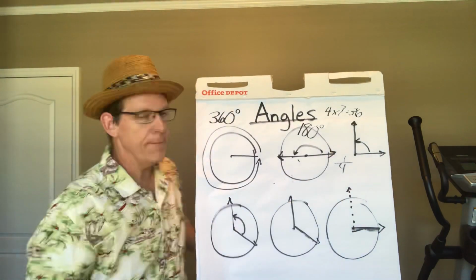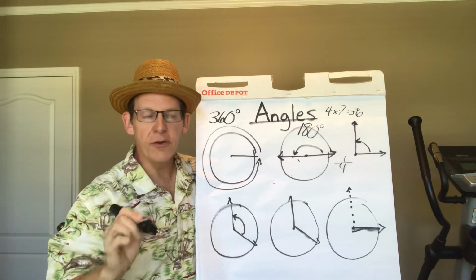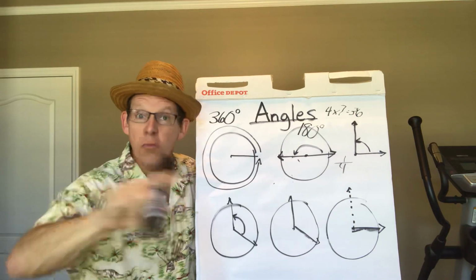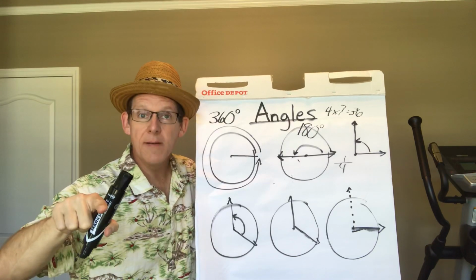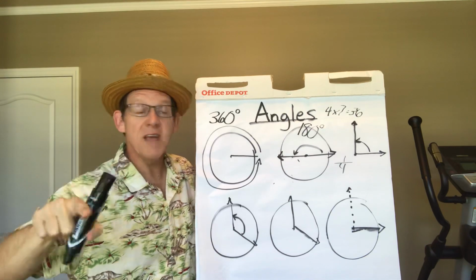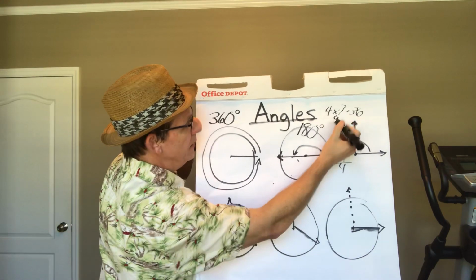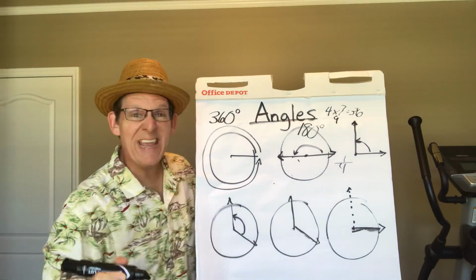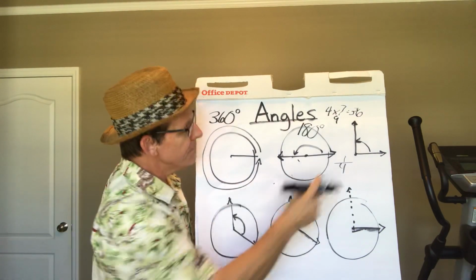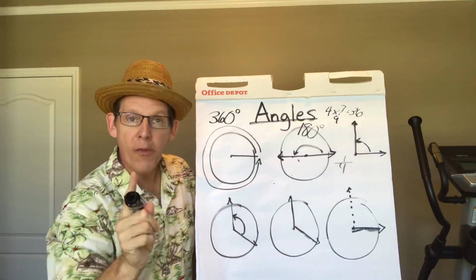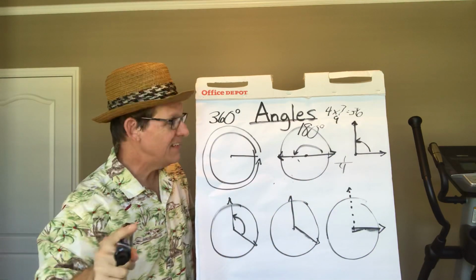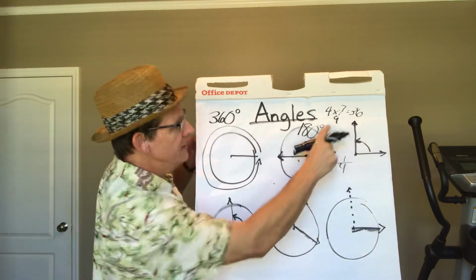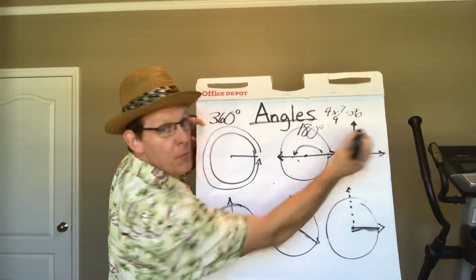4 times what equals 36? See, this is why we need to know our multiplication facts. It's 4 times 9. Well, if 4 times 9 is 36, then 4 times 90 is 360. That means 1/4 of 360 is not 9, but this would be what?